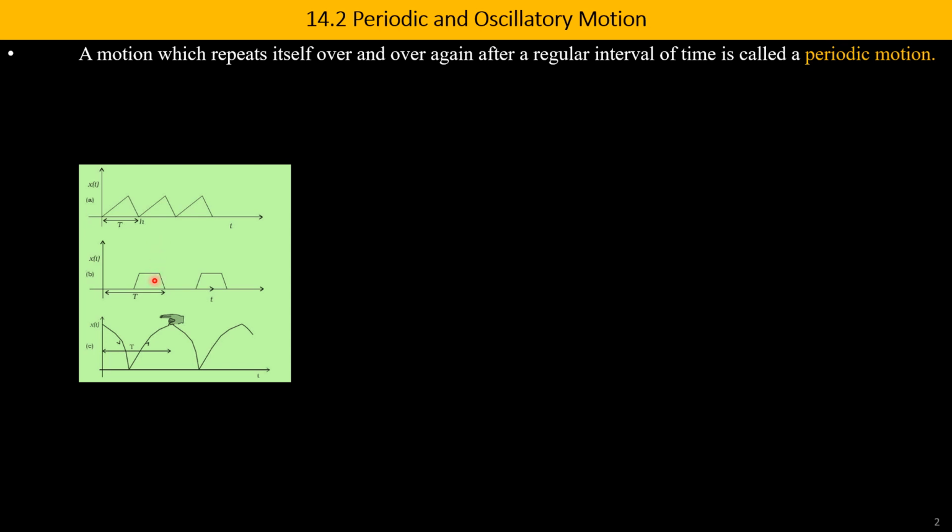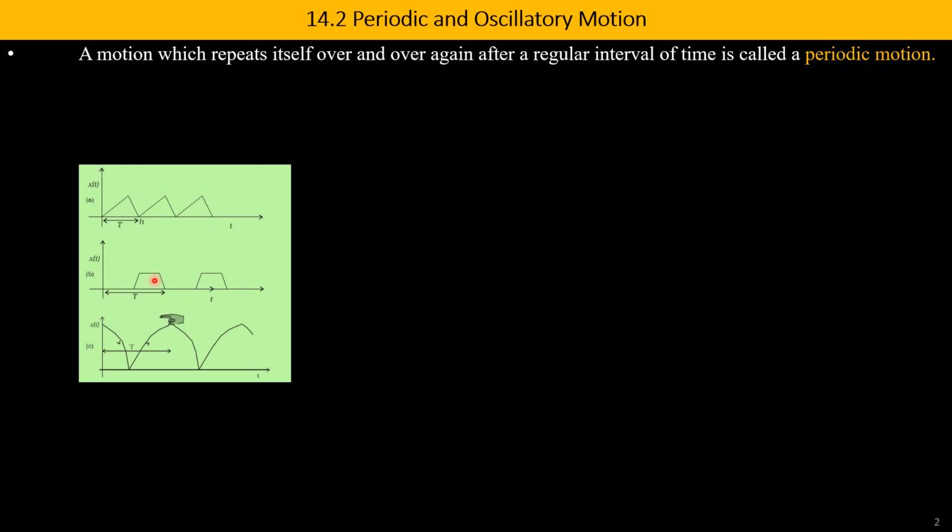Figure B can be compared to a path followed by a child while climbing up the stairs. The child initially goes up and comes down and repeats the process identically.